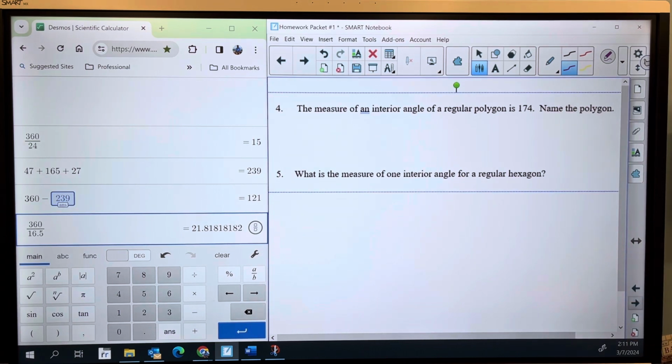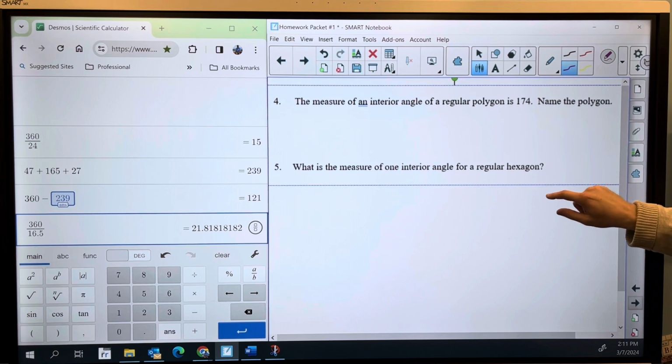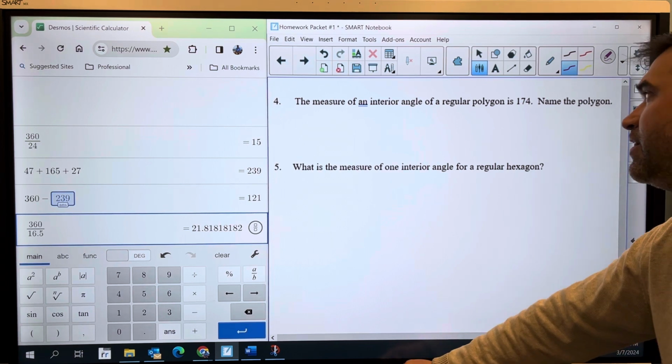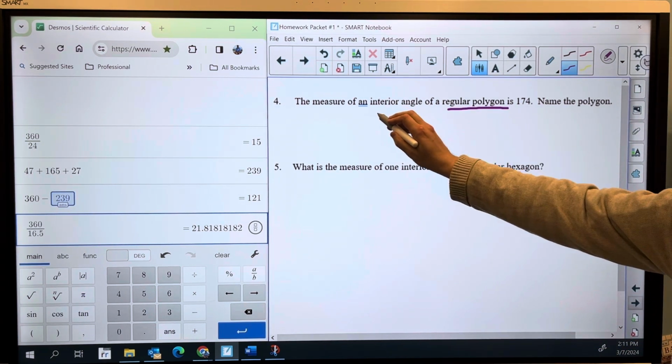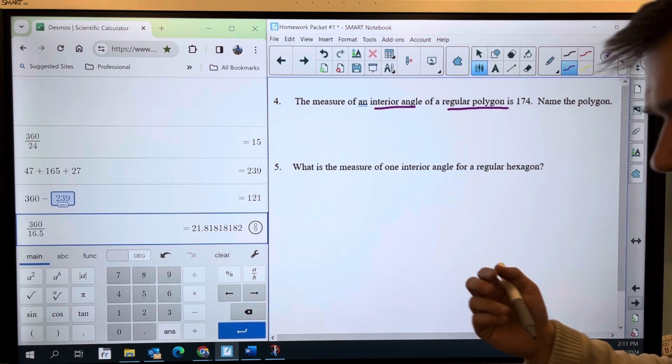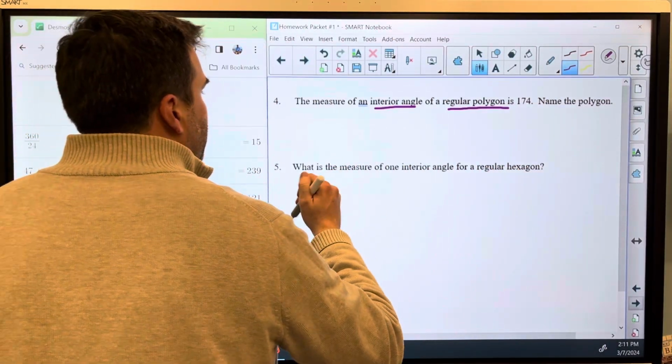Number 4, the measure of an interior angle of a regular polygon is 174. So again, keywords here, we've got regular polygon, interior angle. Name that polygon. Two big ways to do this. One is to go straight to the interior angles, because this is all about interior angles.